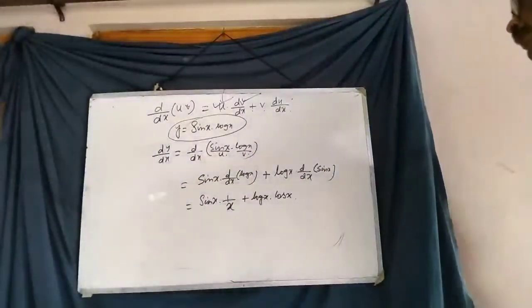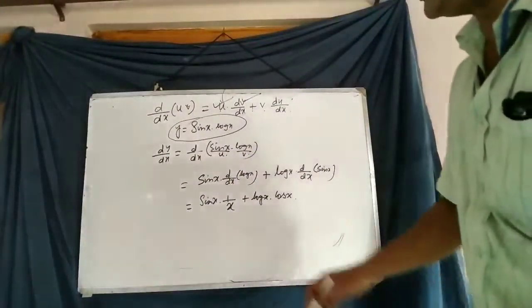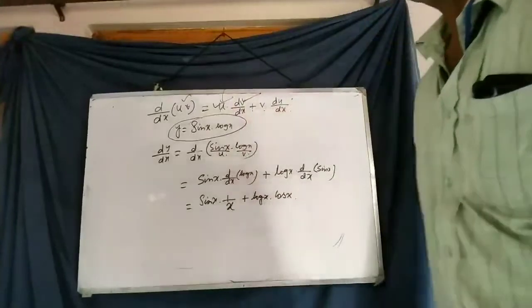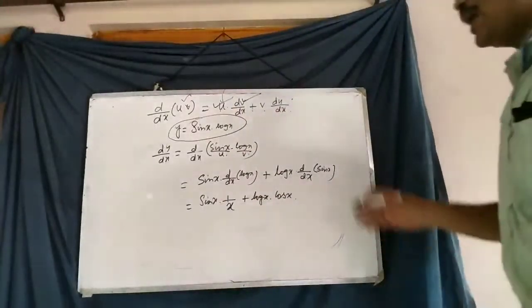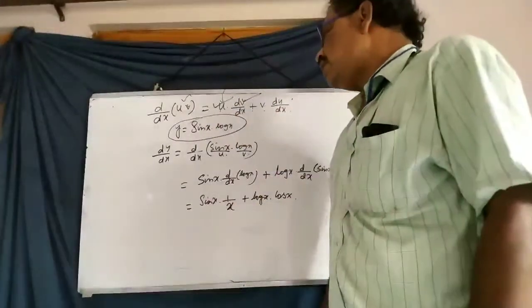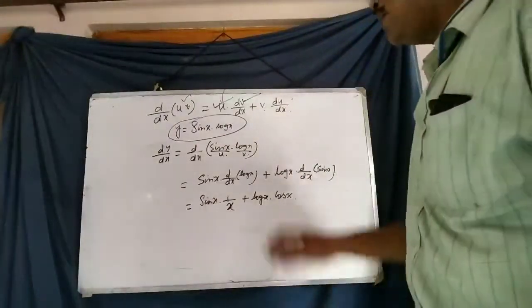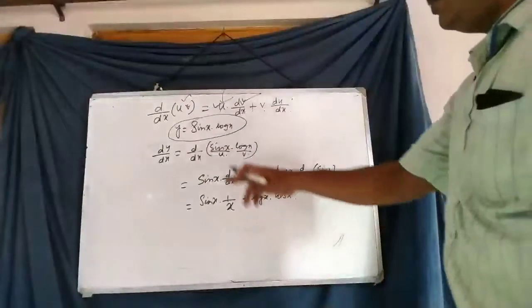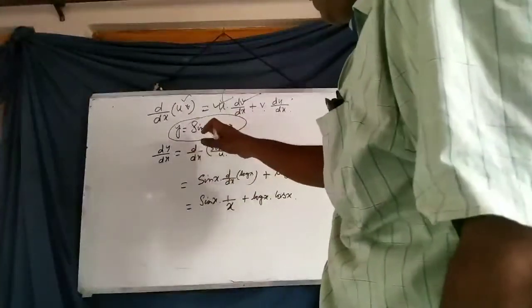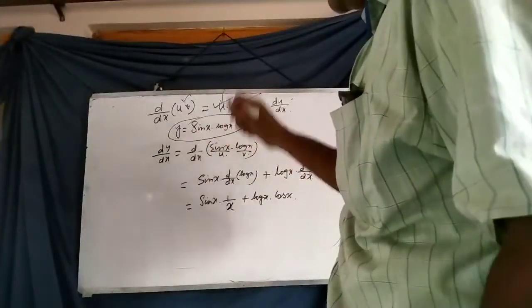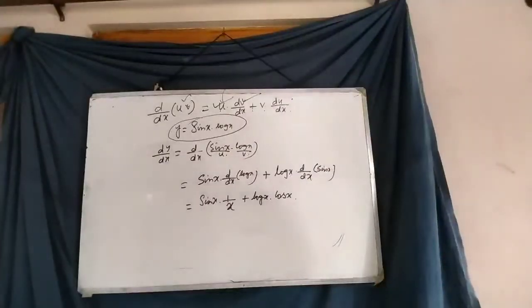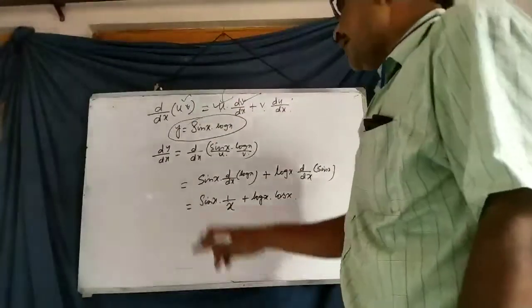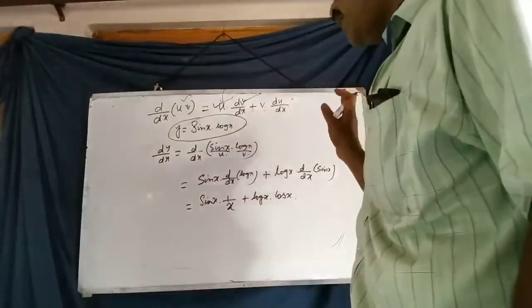If you compare the function sin x into log x with u into v, then we can clearly accept sin x as u and log x as v. After that, we have to differentiate sin x into log x, and the result is dy/dx at left and d/dx of sin x log x at right.